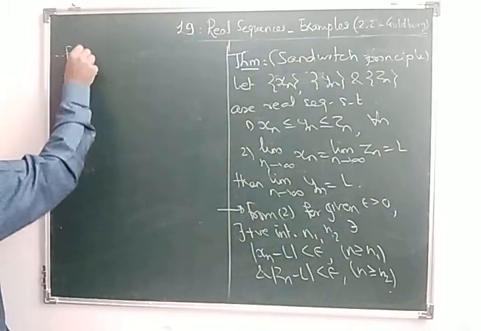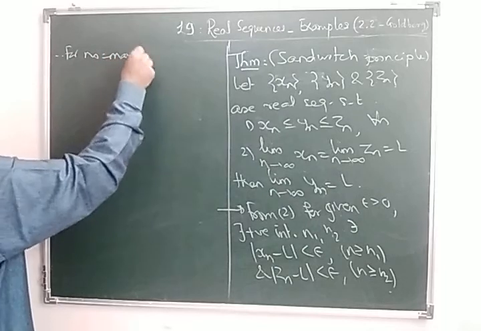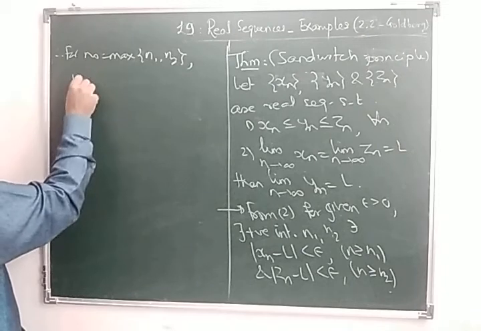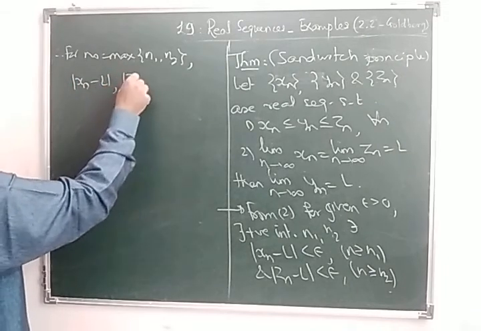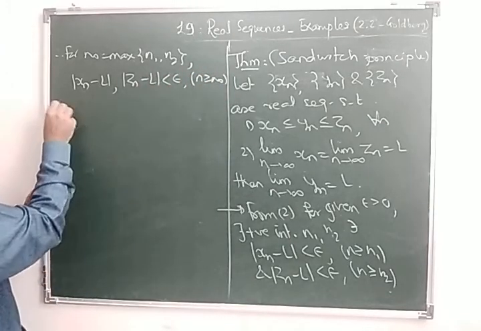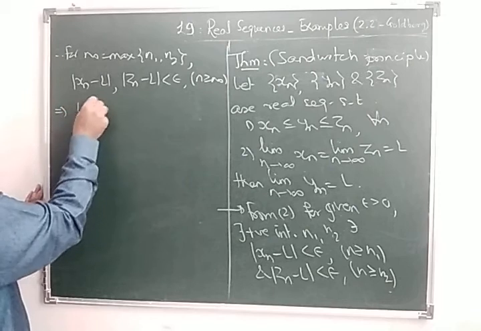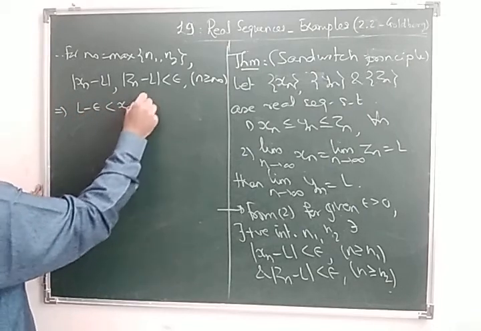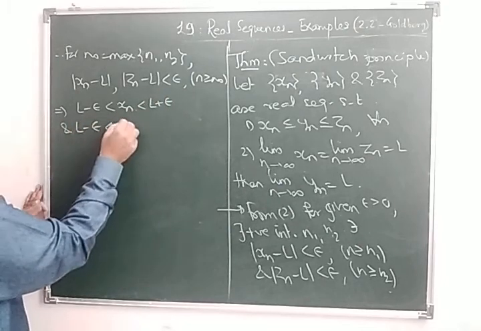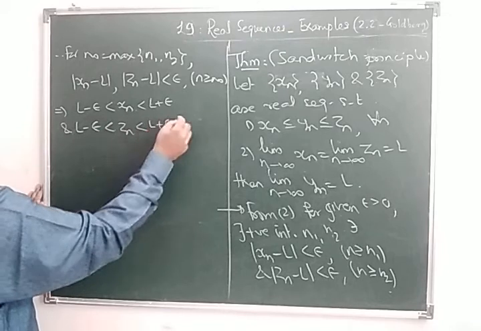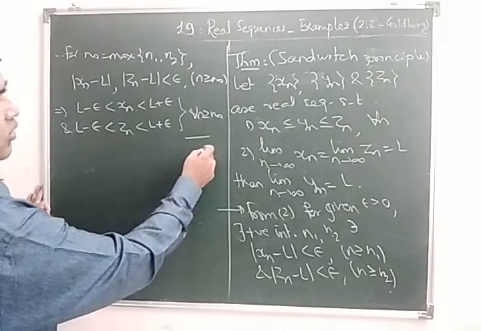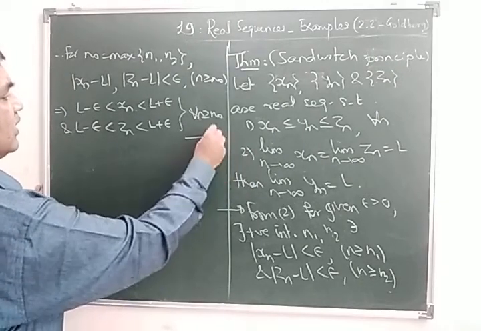Therefore, for n naught equal to the maximum of n1, n2, mod of Xn minus L and mod of Zn minus L are both less than epsilon for any n greater than or equal to n naught, which implies L minus epsilon is less than Xn less than L plus epsilon, and L minus epsilon is less than Zn less than L plus epsilon for any n greater than or equal to n naught. This is say now 1, 2 and 3.